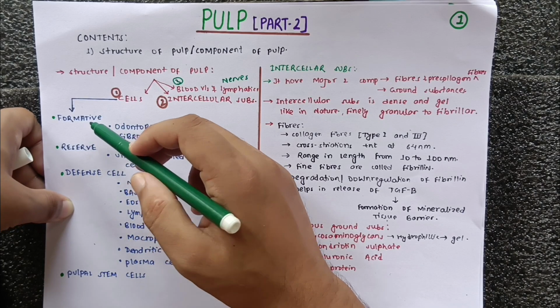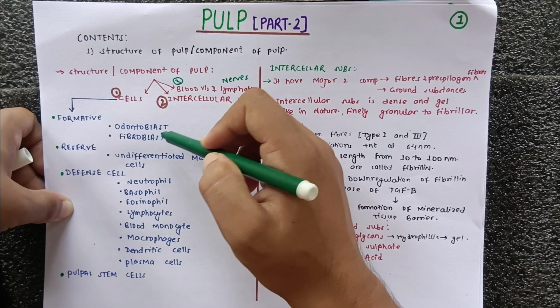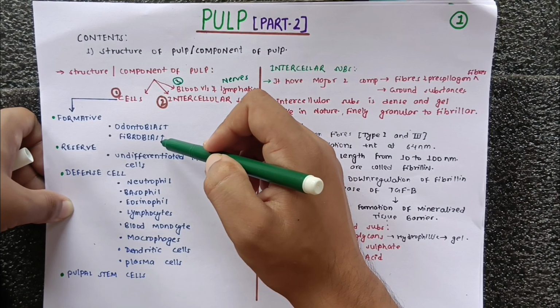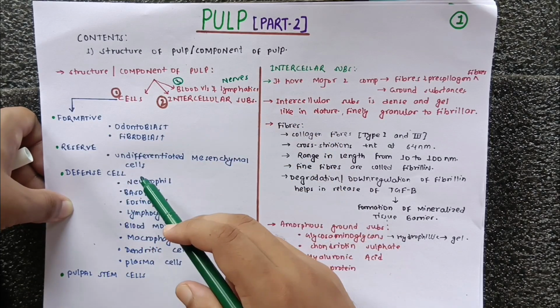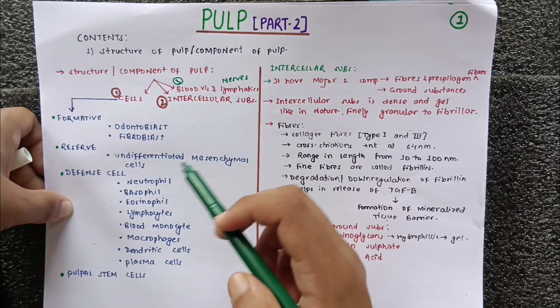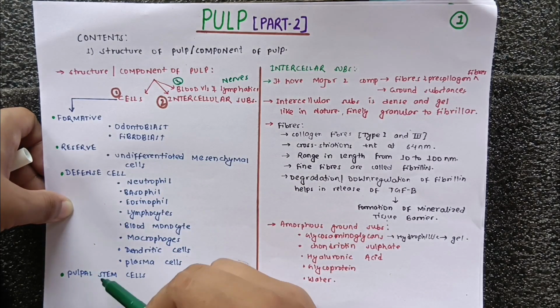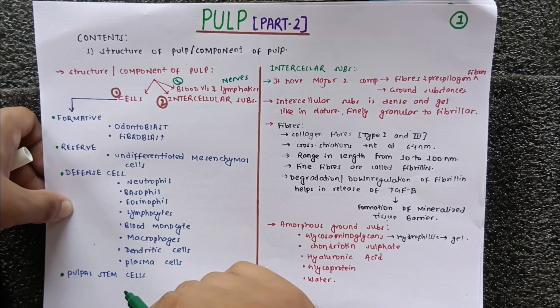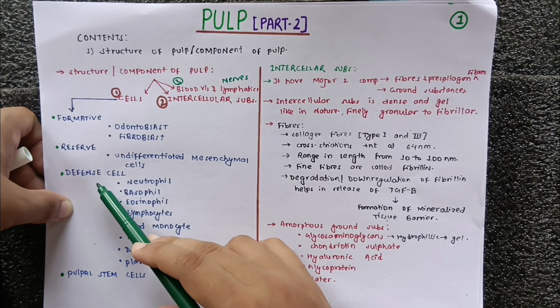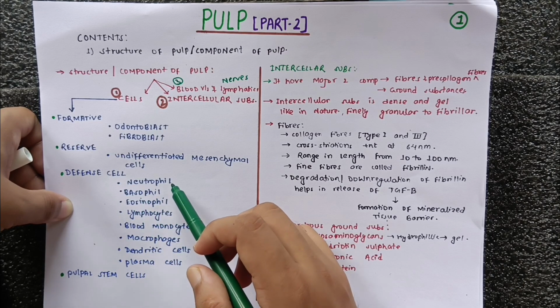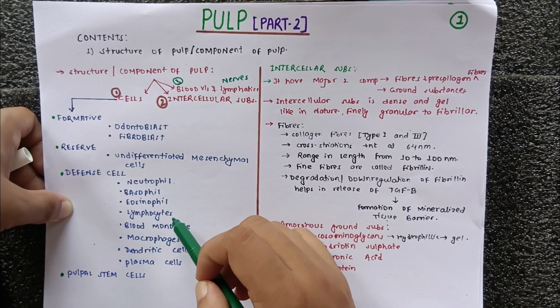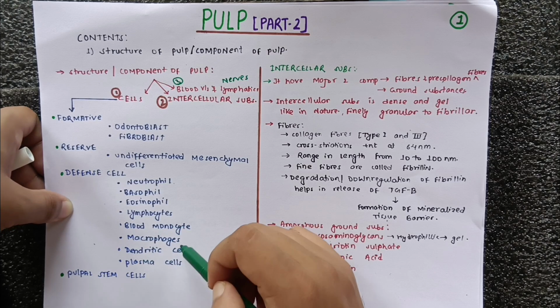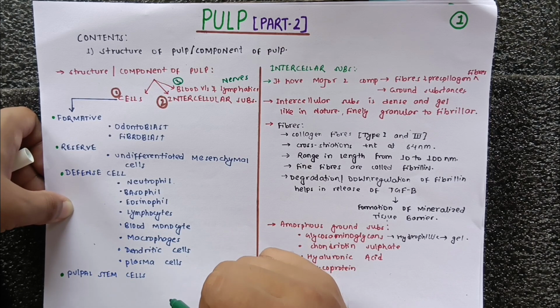The first type is formative cells, and in the formative cells we have odontoblasts and fibroblasts. In the reserve cells we have undifferentiated mesenchymal cells, which are similar to pulpal stem cells, so they are quite the same type of cells. Another is defense cells. In defense cells we have neutrophil, basophil, eosinophil, lymphocyte, blood monocyte, macrophage, dendritic cells, and plasma cells.